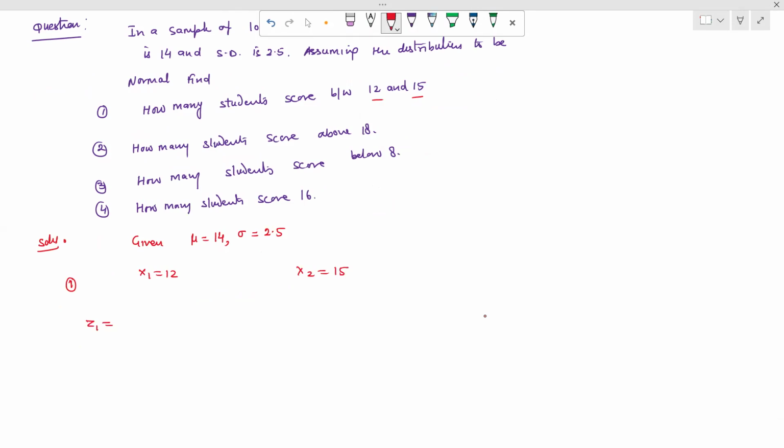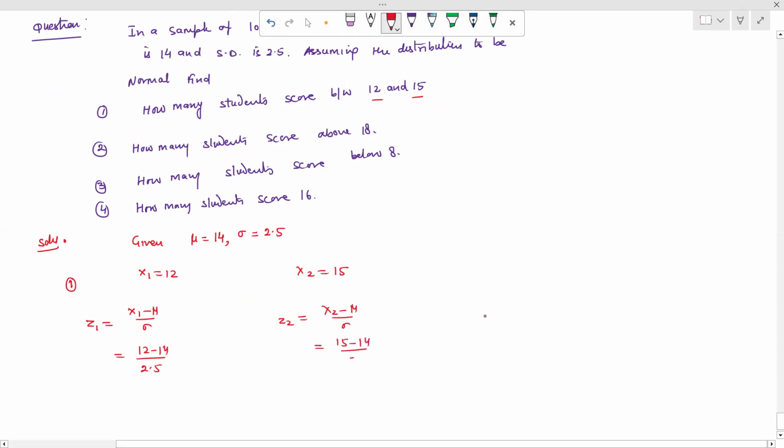So we can write down z1. So x1 minus mu upon sigma. So this is equal to 12 minus 14 upon 2.5. Here we calculate Z2. Z2 equal to x2 minus mean mu upon sigma. So this is equal to 15 minus 14 upon 2.5. So the value of this is -2 upon 2.5. So this gives us -0.8.